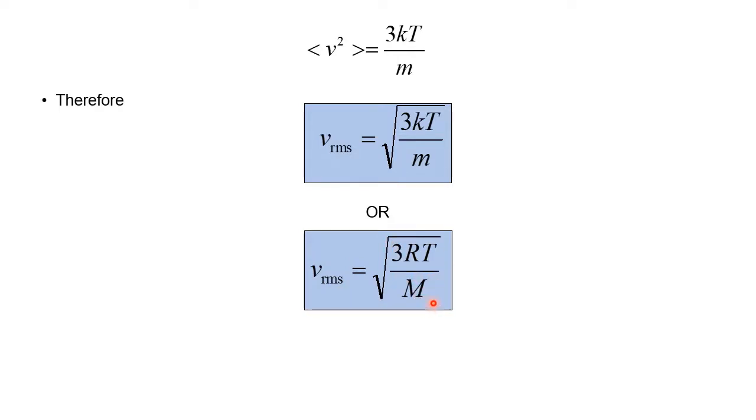Sini pun kena careful, molar mass standard dia dalam gram. Jadi bila nak substitute dalam equation v_rms, molar mass mestilah dalam unit kilogram. So kena convert dari gram kepada kilogram, and then baru substitute dalam formula v_rms.